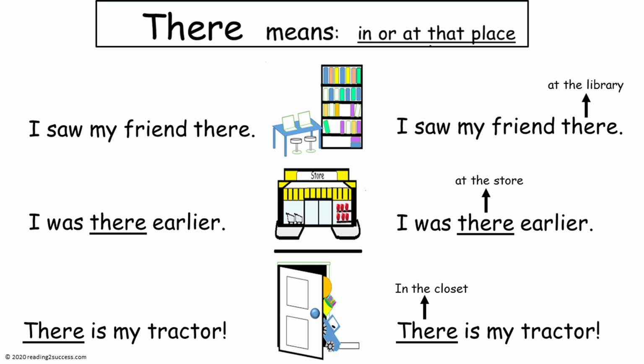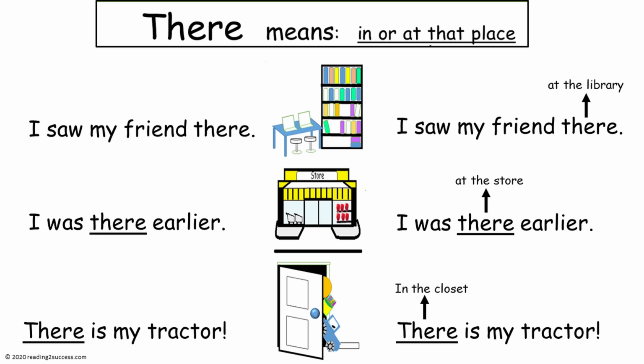Let's go to the second sentence. I was there earlier. Then go across and replace there with the words above it. I was at the store earlier. Then go to the third sentence. There is my tractor. And then replace it with the words above the arrow.